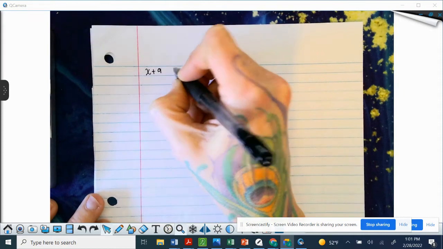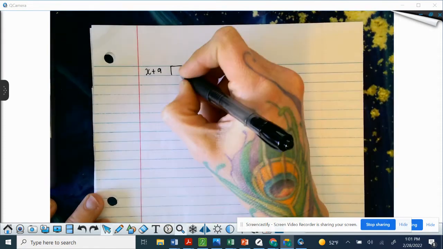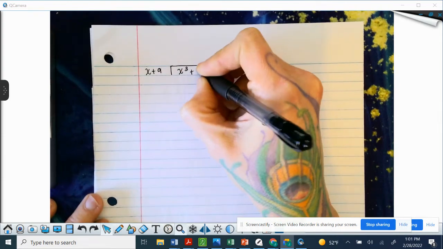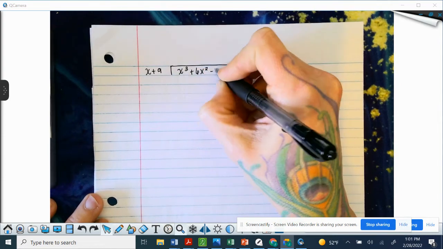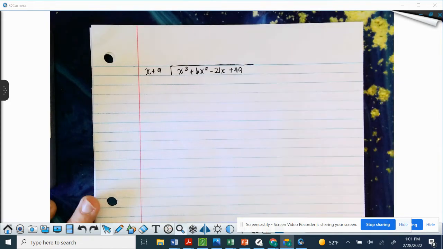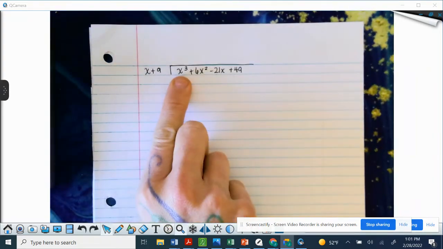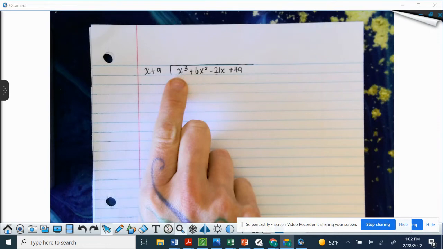So x plus 9. So the long way. First, x cubed plus 6x squared minus 21x plus 49. Okay. So you are going to look at your x and x. So x will go into x cubed twice, right?